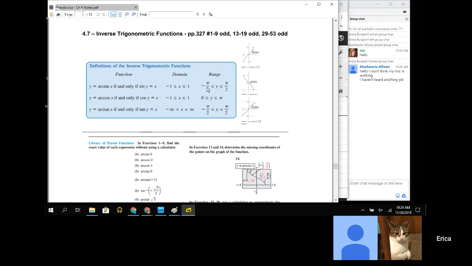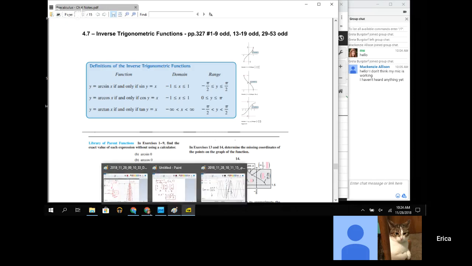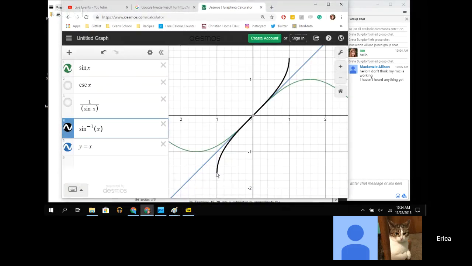The range only goes from negative pi over 2 to pi over 2. Any values beyond that, we have to do some finagling to make it work.